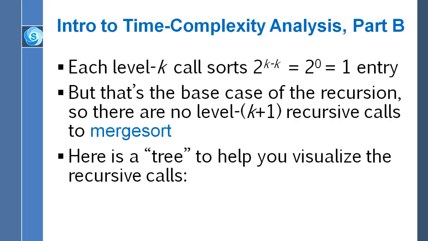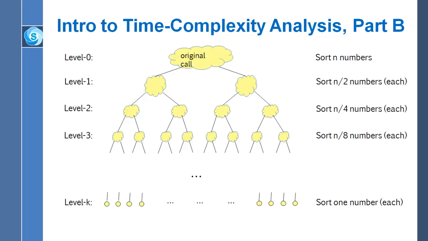All right. Here is the figure that I mentioned a couple slides back and incorrectly said was coming up on the next slide. Here it is now. So this figure is intended to help you think about the recursion involved.